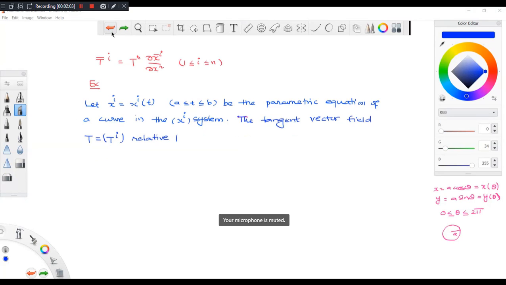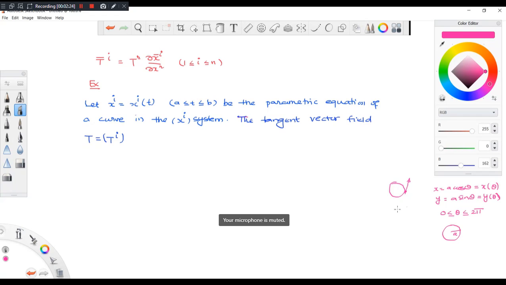So this is a tangent vector field. What do you mean by tangent vector field? I'll just tell you. See, this is a circle. I told you this will represent a circle. Now at any point you take here, suppose I have a tangent here. How do you represent this tangent?